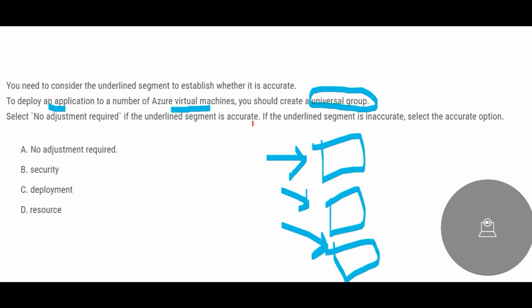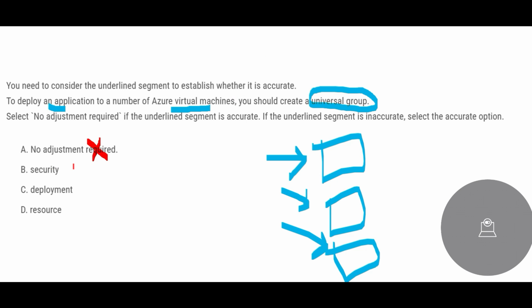It is an Active Directory feature. You can create a forest and bring objects into a centralized place. They can be from different domains. So that's why no adjustment required cannot be done. So this universal group is wrong.